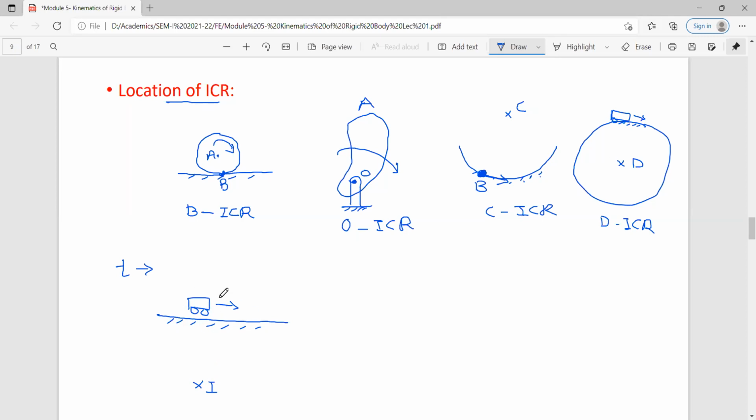To prove it, or just to have an idea of it, I will give you the example of a bus which is going along a straight road. On a straight road surface it is moving. Can you assume that it is moving along a curved path?